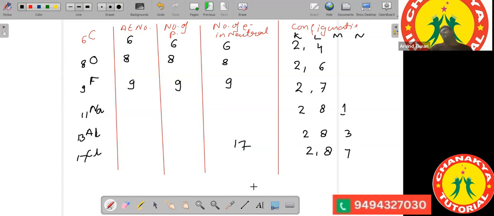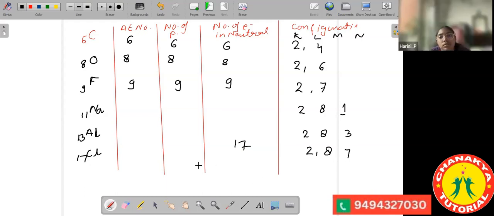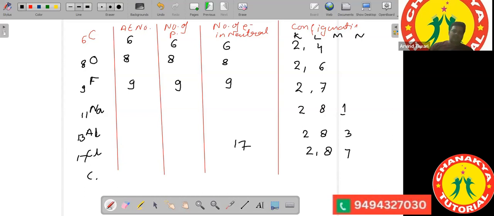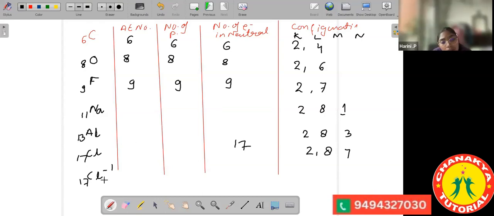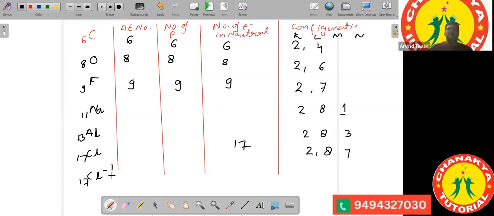Yes, sir. Okay. For Cl minus 1, chloride, now we want to find out the configuration. See, chlorine itself has 17 electrons, and minus 1 means chlorine has an extra 1 electron.